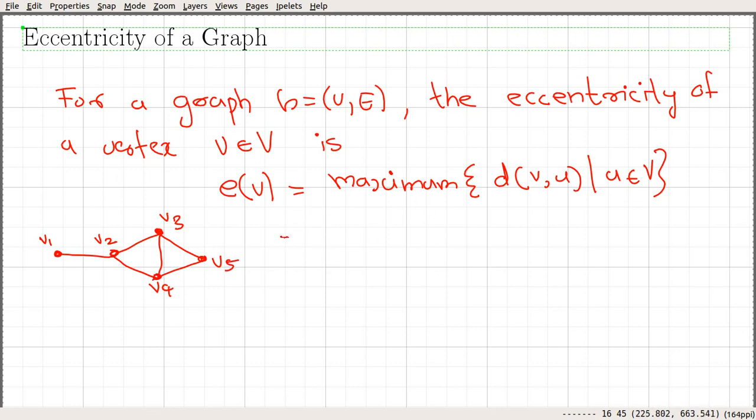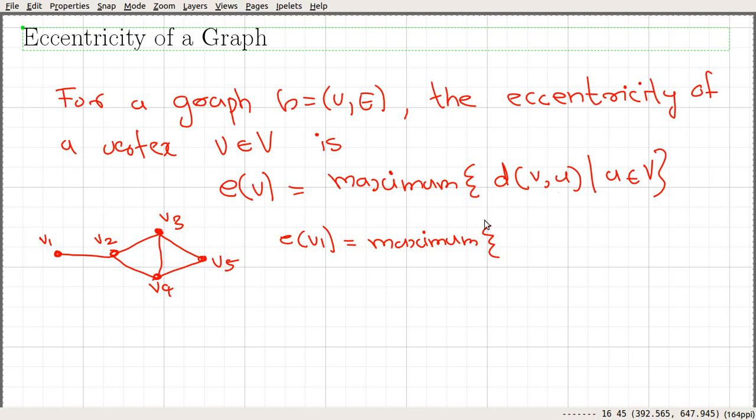So let's find the eccentricity of vertex 1. By definition it is equal to the maximum over all the distances between v1 and every vertex in V.